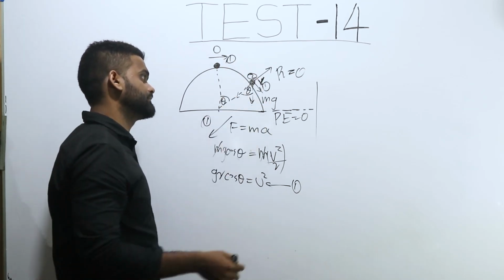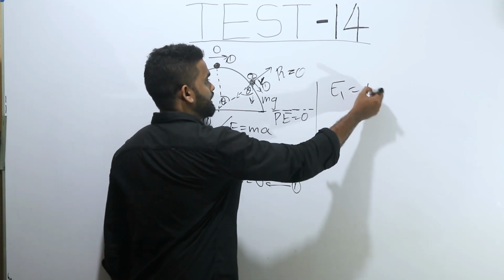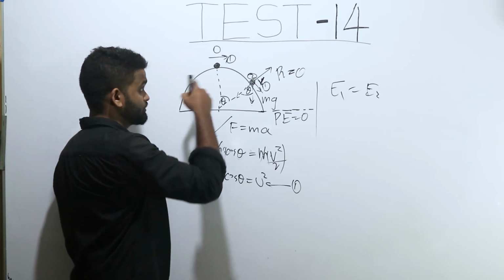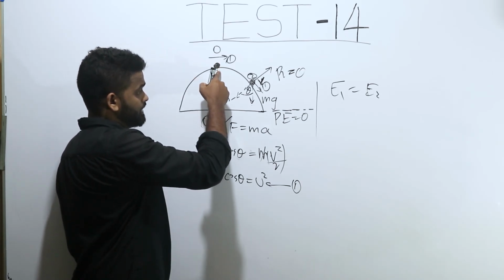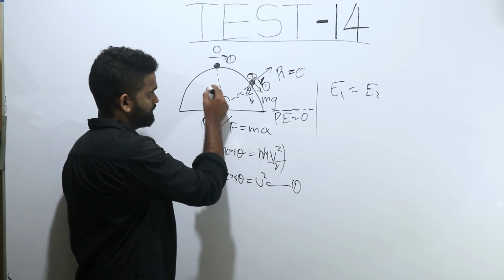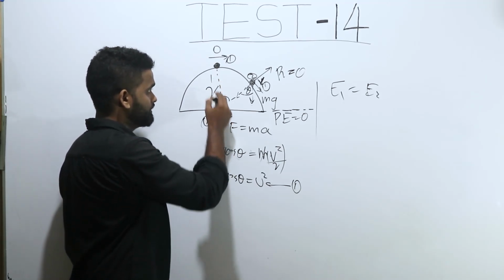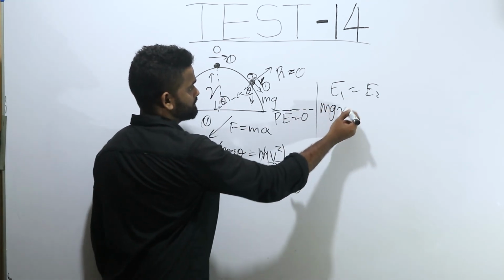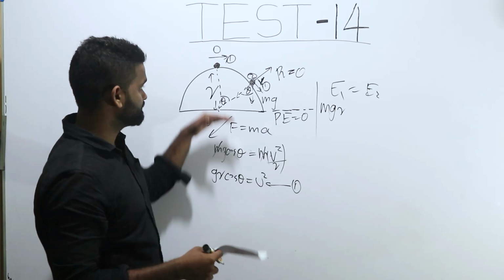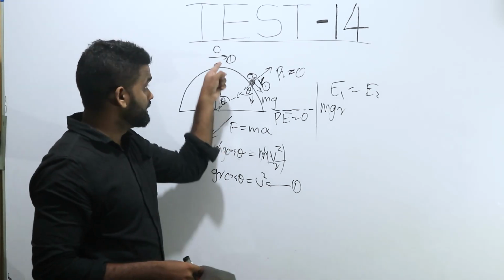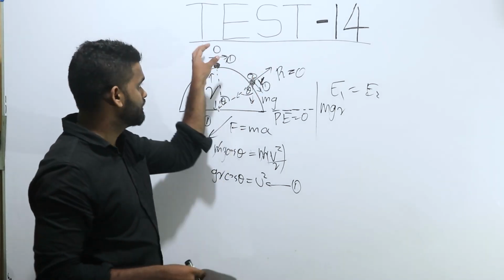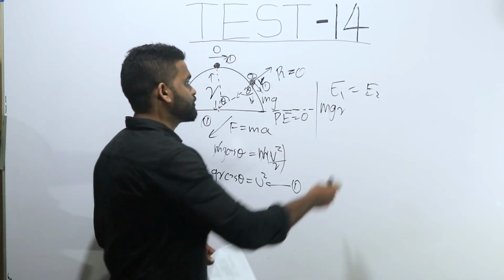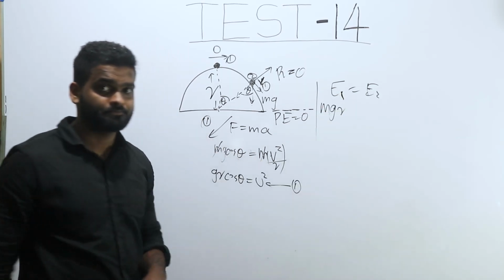There's no energy loss. Energy at point 1 equals energy at point 2. So energy at point 1, let's say the radius of this is r, it has a height r. So the potential energy should be mgr. Velocity 0. So here there is no kinetic energy, it only has potential energy. So this is the total energy at point 1.